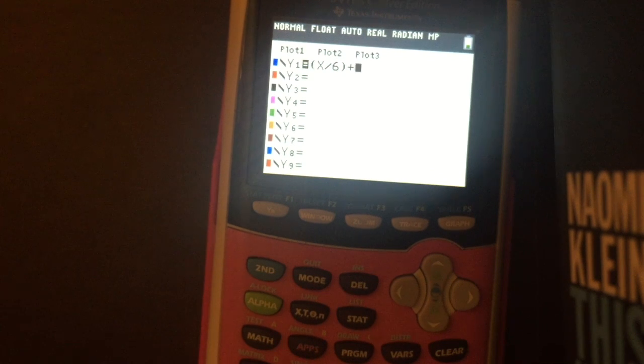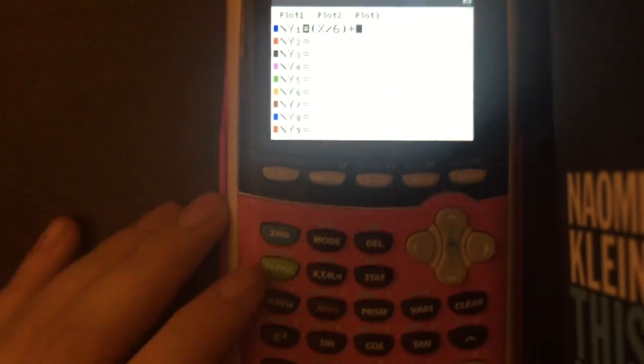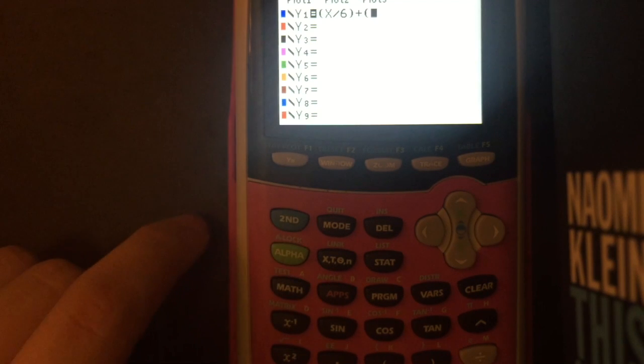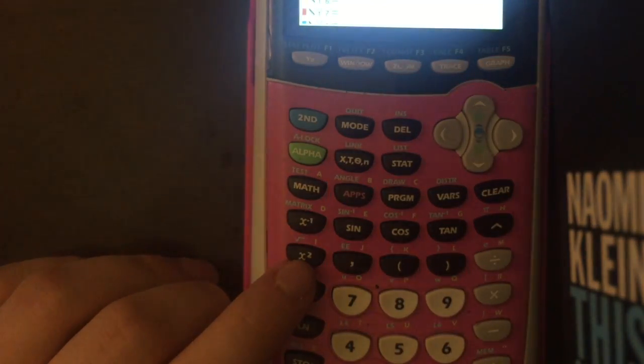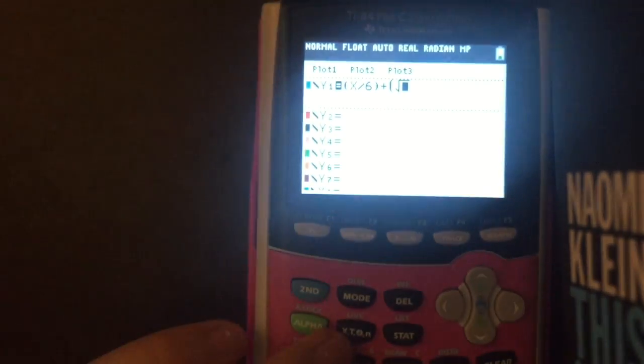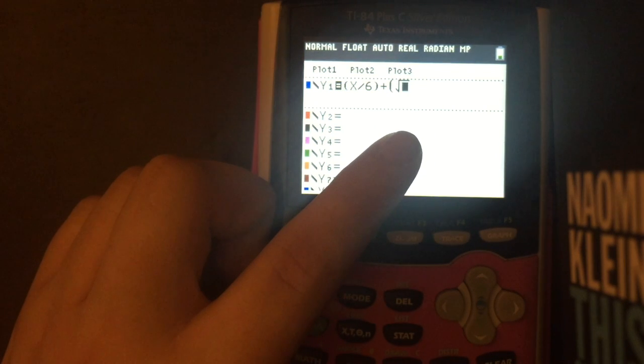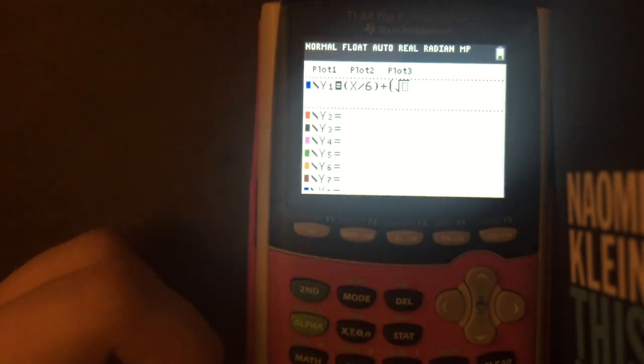For the second part, I'm going to do another parentheses to show the second part of my equation. To get the square root function on a calculator, you do second and then x squared, which is down here, because the inverse of a square root is x squared, so it makes sense that it would be under that key.